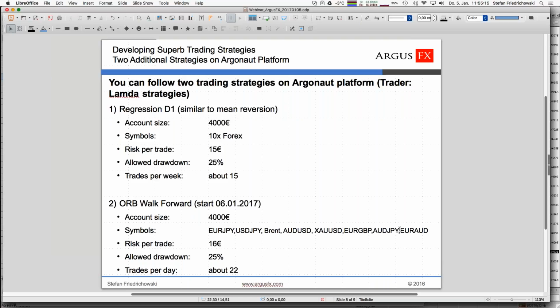You might do your own calculation: 8 underlyings, 5 days. So in principle, there might be 40 trades a week. And why do we typically have only 22? Quite a simple answer, 2 reasons. One is the minimum range. Only if the minimum range is achieved are trades or orders placed.